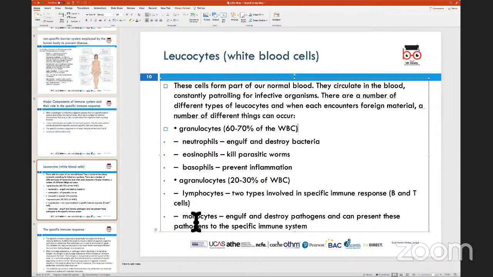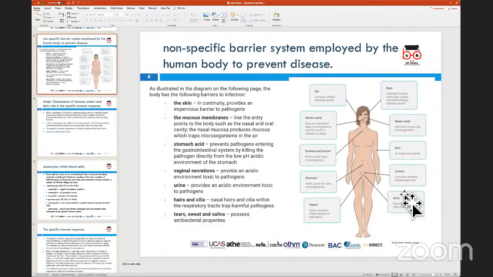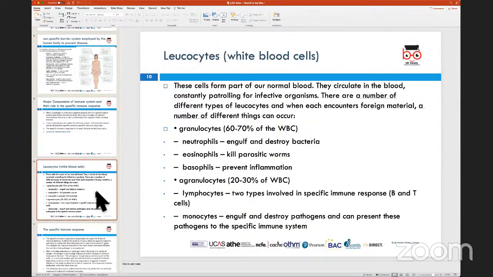So monocytes are going to be more visible in the human body in places wherein the physical barriers prevent the pathogens from entering the body. And they would then engulf and destroy the pathogen straight away without having to create antibodies or killer cells to fight it.